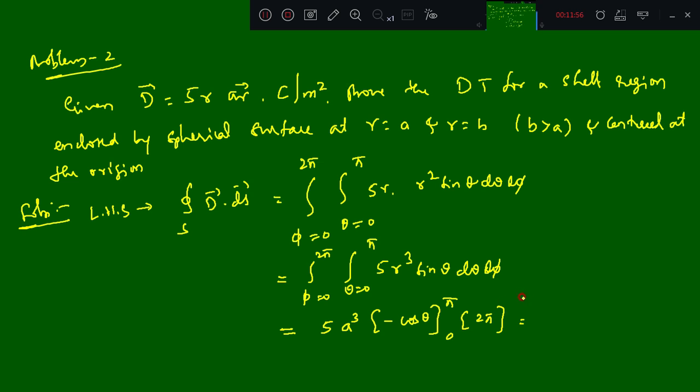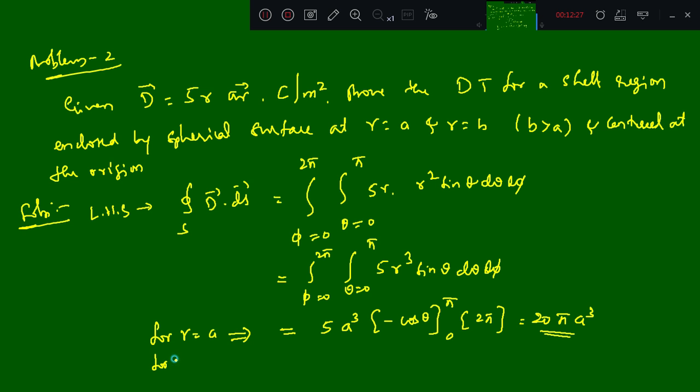How much are you going to get here? It is 5, this value becomes 2, 2 into 2 is 4, 4 into 5 is 20. So it is 20 pi a cube for r equal to a.